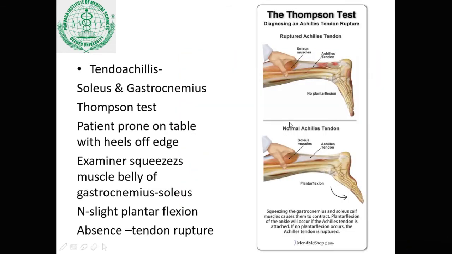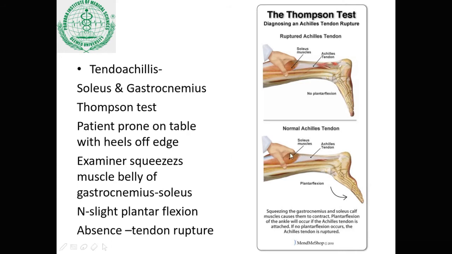Now for the tendo-Achilles, soleus and the gastrocnemius, these are tested by asking the patient to do the plantar flexion of the foot at the ankle joint against resistance, and here the knee is extended. Now there is one more test, the Thompson test, where the patient is in the prone position on the table with heels off the edge.